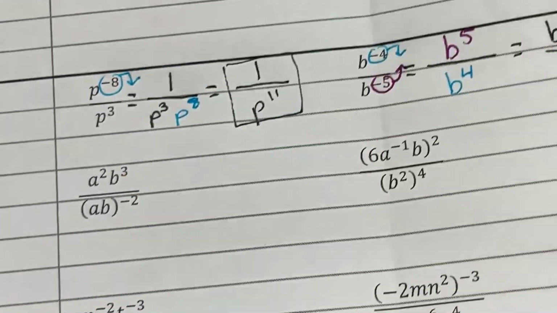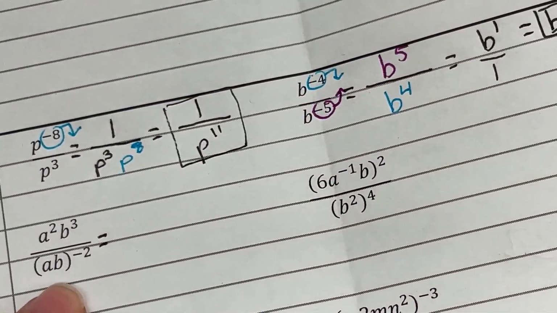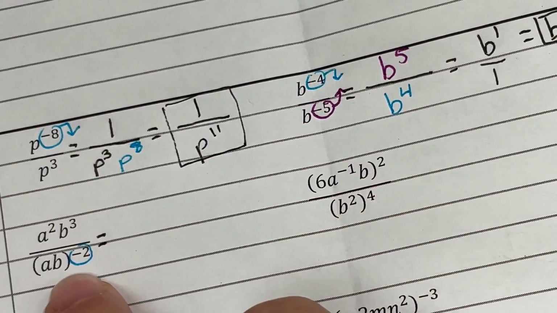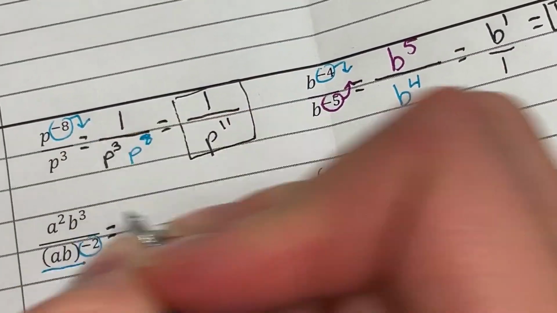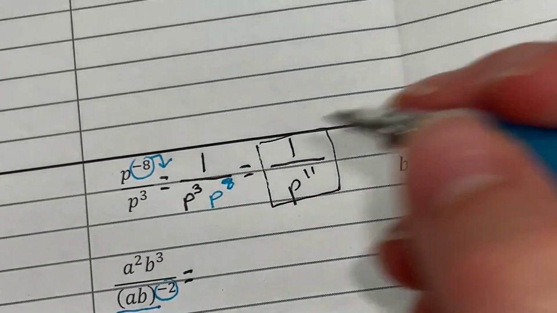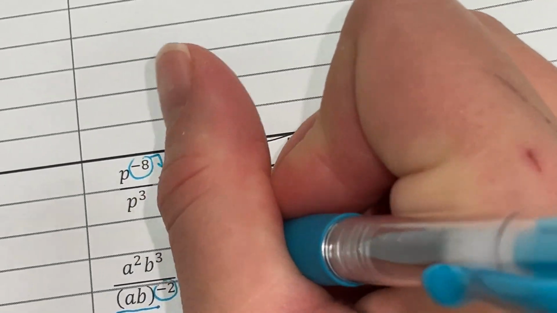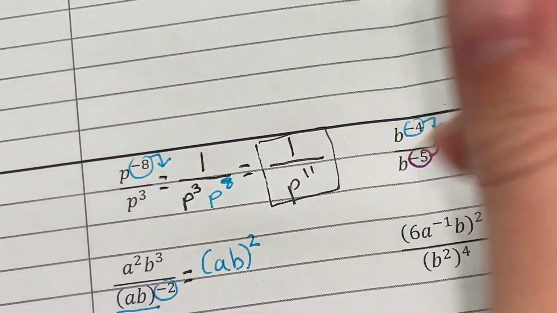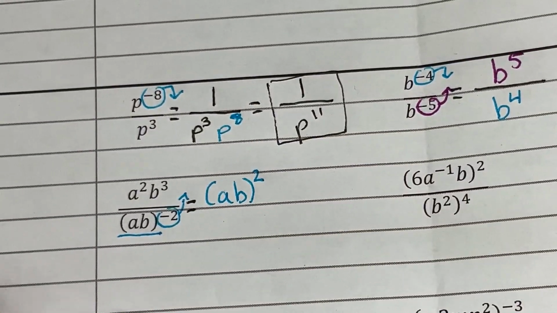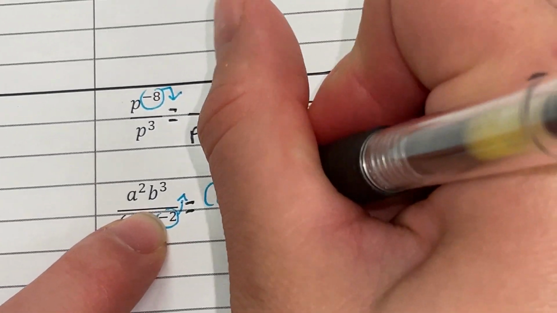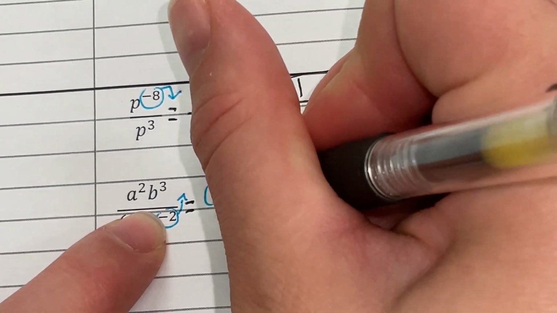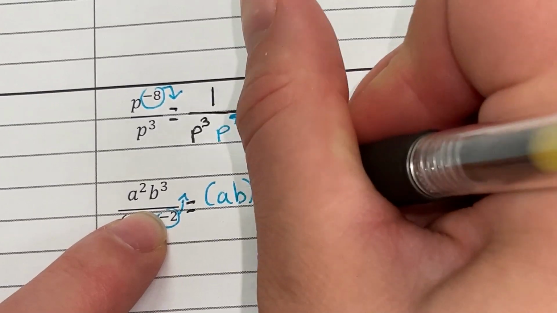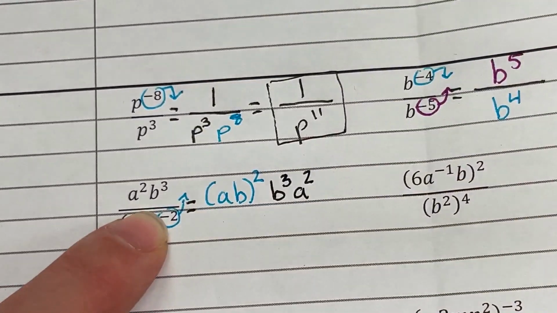Let's look at this next thing here. I got this negative exponent, and it's attached to this whole thing. So this whole thing is going to move up. We're going to have a, b, parentheses, and now it's a positive 2. That whole thing moves up. My a squared and b to the 3rd stayed there. Oops, I wrote it backwards, my bad. That's still the same. Everything's up top now.